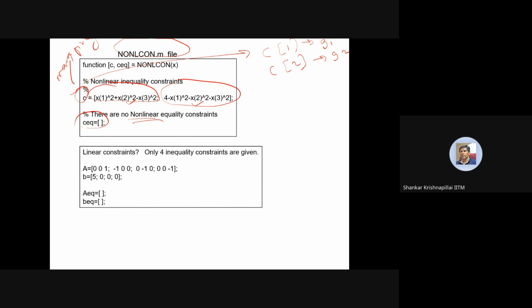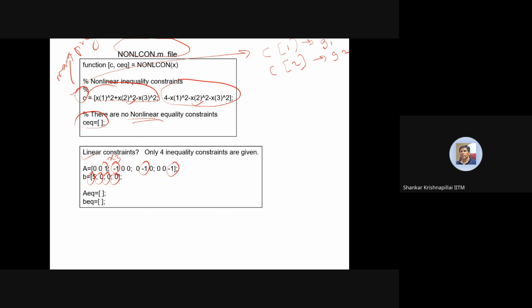And then linear constraints. Actually, this variable bound is written here as a linear constraint. That is also possible, but not required. Let us see and understand. This says x3 is less than or equal to 5, minus x1 is less than or equal to 0, minus x2 less than or equal to 0, minus x3 less than or equal to 0.